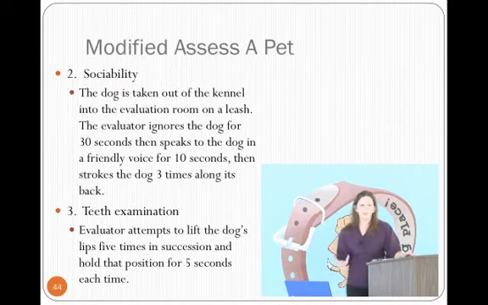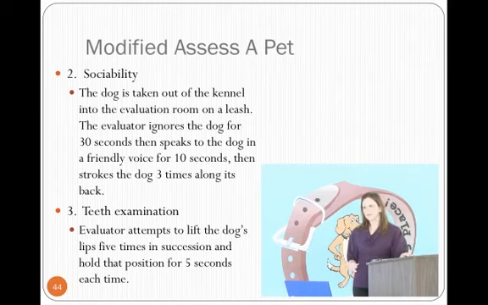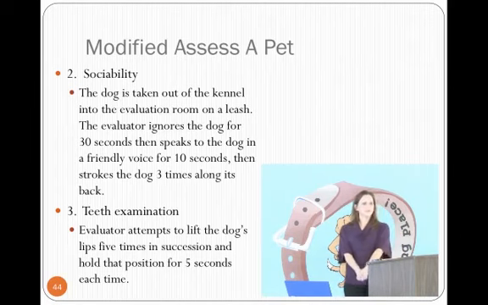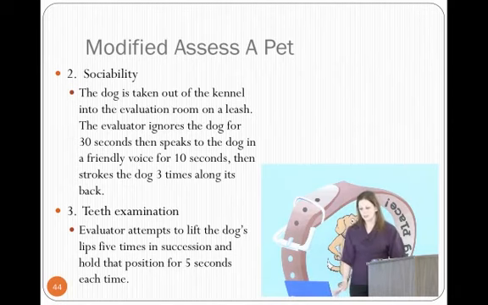And then she moves on to sociability. The sociability for this one is a little different than what we saw with the SAFER. The dog's actually taken out of the kennel into the evaluation room on leash, and the evaluator just stands there and holds on to the leash for 30 seconds. We see whether the dog goes out of its way to initiate contact with the handler. Then the person will start to speak and touch the dog and stroke it down the back to see how it responds.